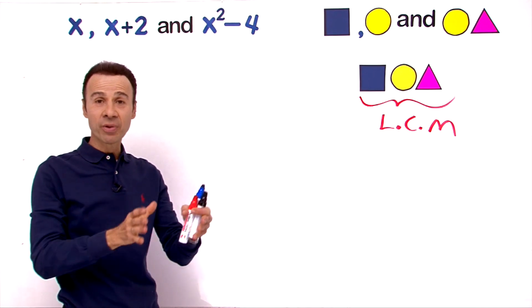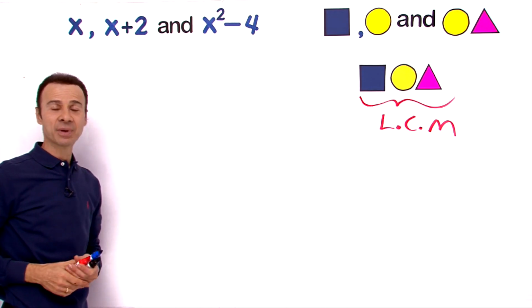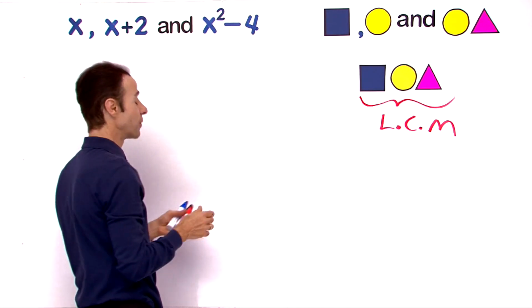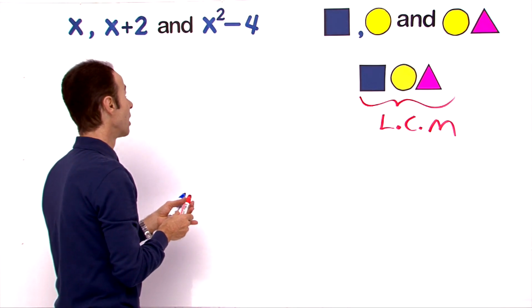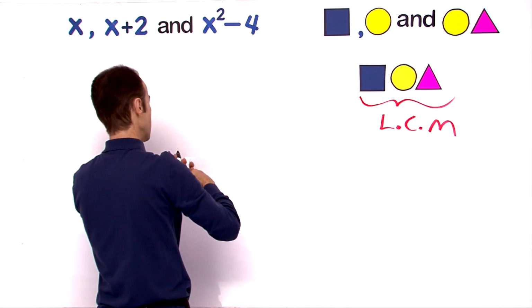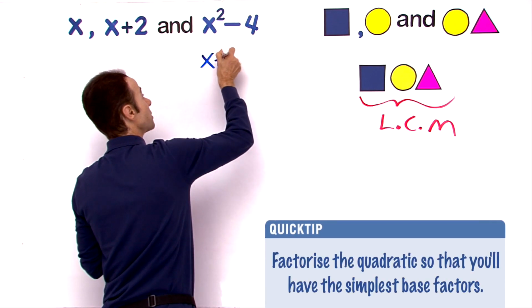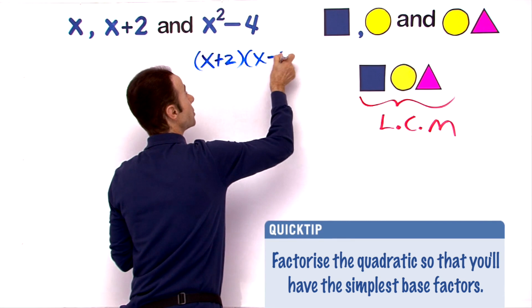That way we can see all the individual multiples so we can find the lowest common multiple. Now that's a difference of two squares, which means if I was to factor that out, it would be x plus 2 and x minus 2.